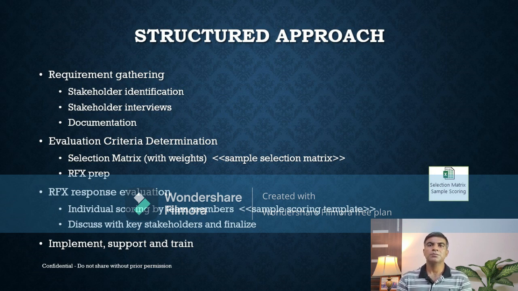Once you have the inputs of all the stakeholders, that will go into formulating a matrix that you will call a selection matrix. It will have the criteria that are really important to your organization, to your stakeholders in selecting the enterprise system.